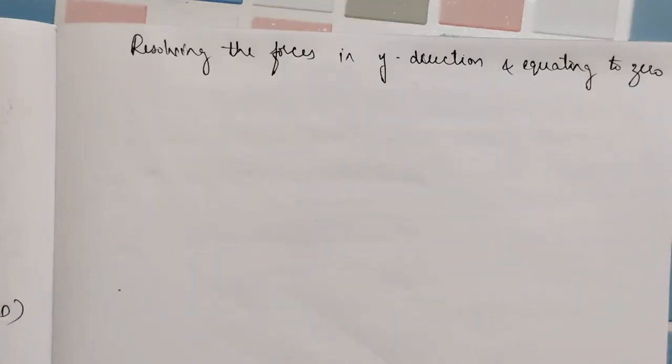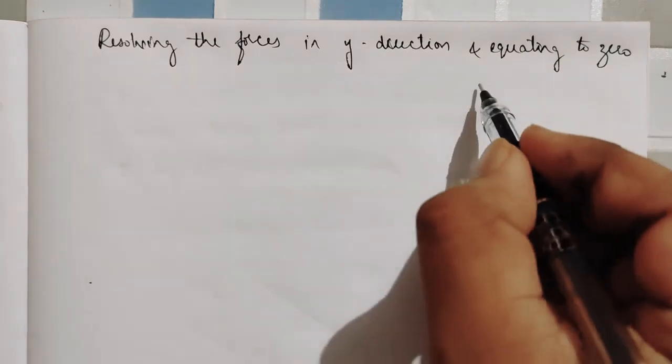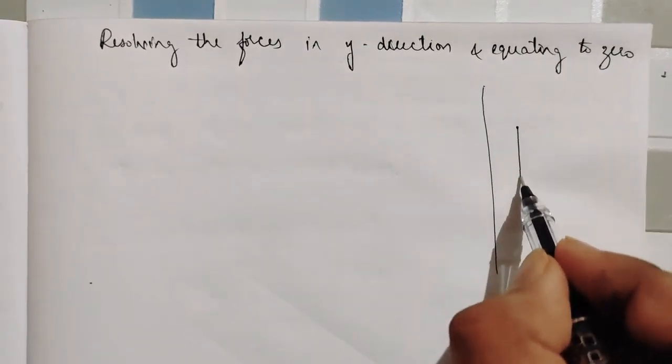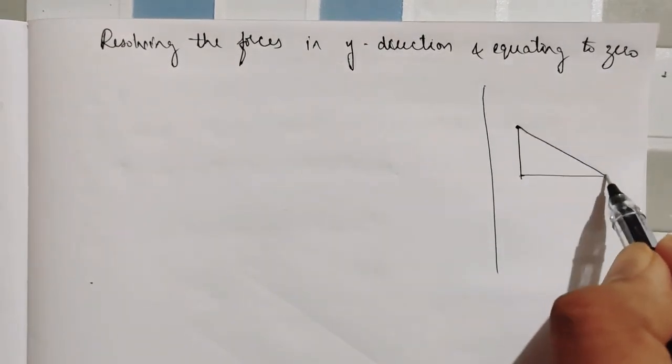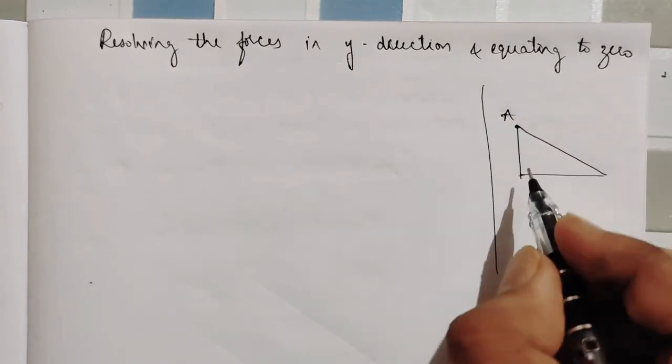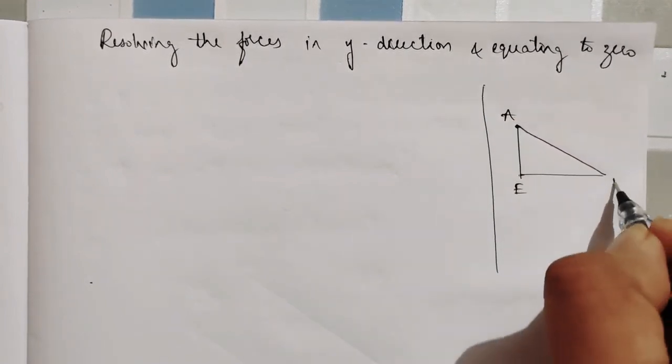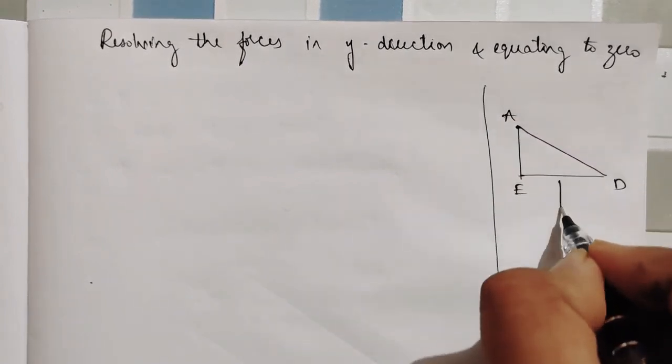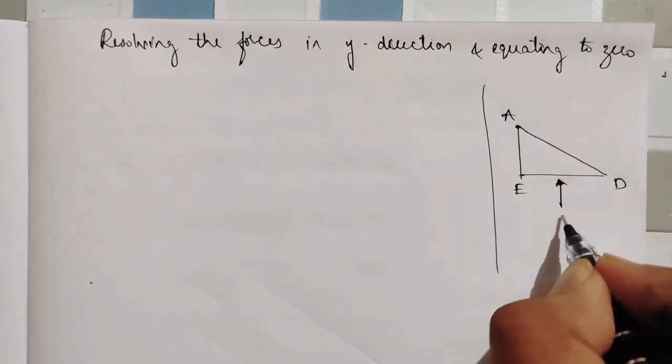What happens here? Same in the y direction what we are taking. So A, E, D. Here what we did, we have to do the same in y direction.